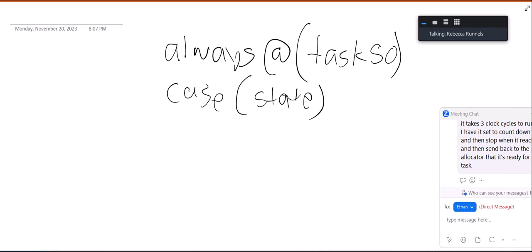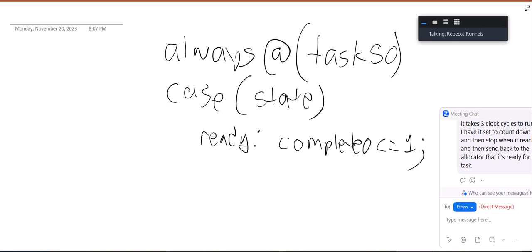I had my 3 states here, and then for each state, like state ready, I had what my complete was, so complete 0 equals 1, and then I had some if statements. I think I did another case statement inside a case statement based on task S0. I'll just show you.